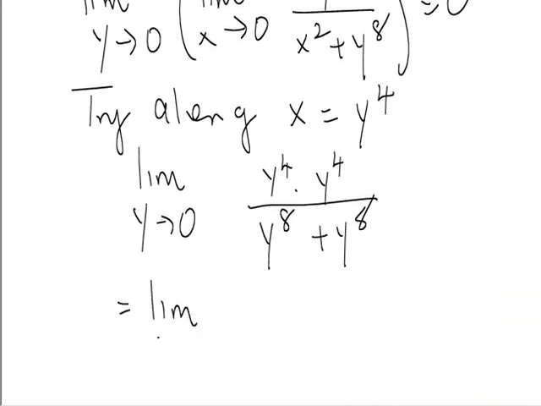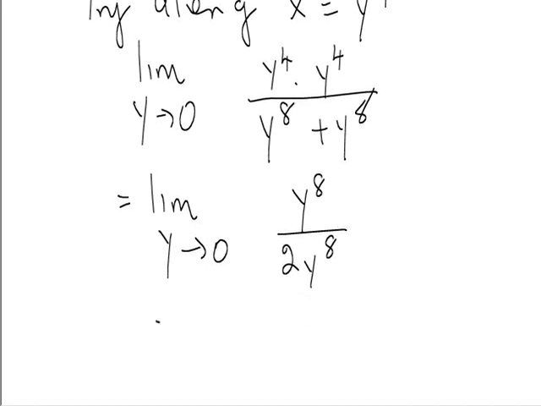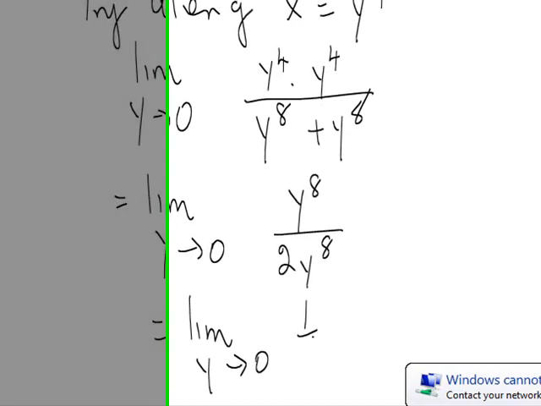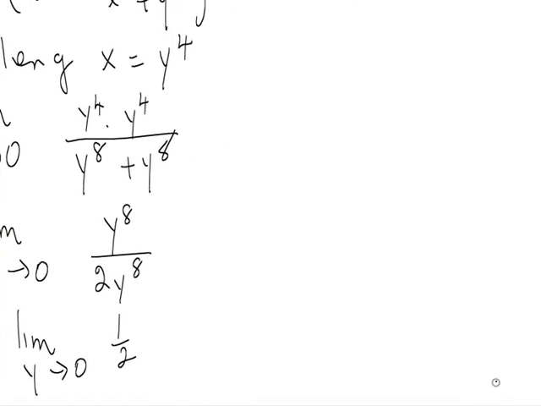So this becomes y to the 8th over 2y to the 8th. Simplify that. You get 1/2 where y to the 8th cancel. And your final answer is 1/2.